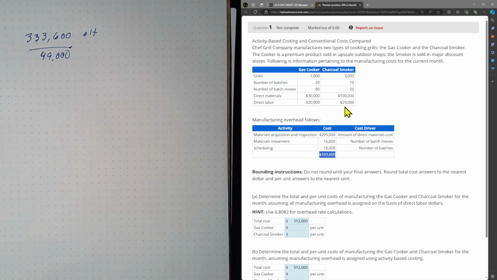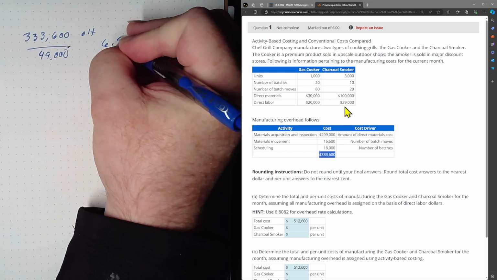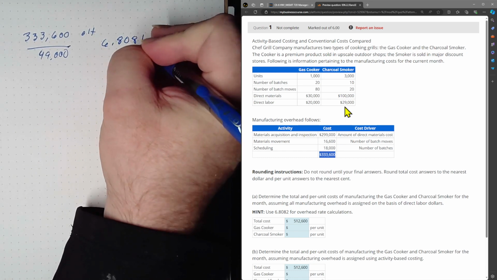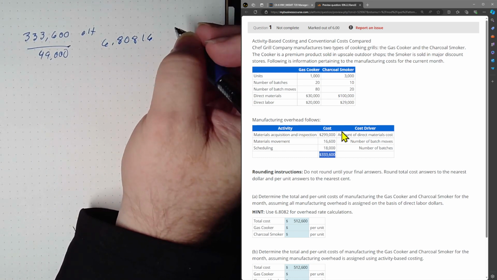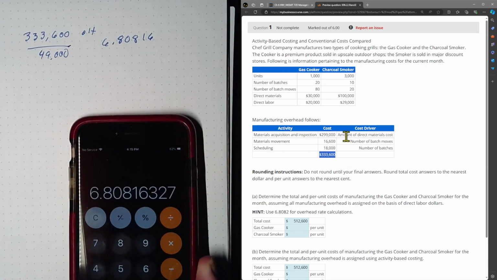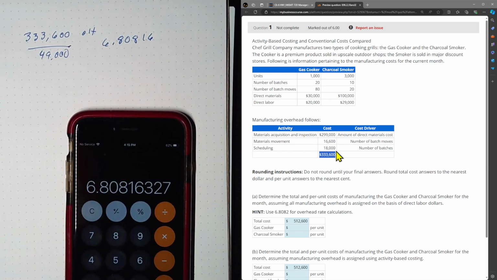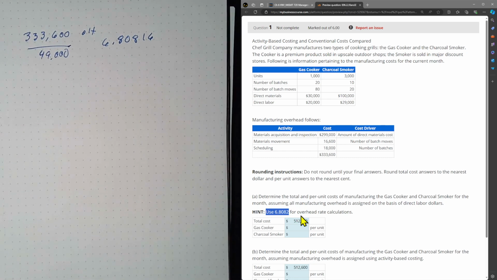So 333,600 divided by 49,000 equals 6.808, a long number. Okay, so we got the right number, 6.8082 for overhead rate calculations, based on the basis of direct labor dollars.